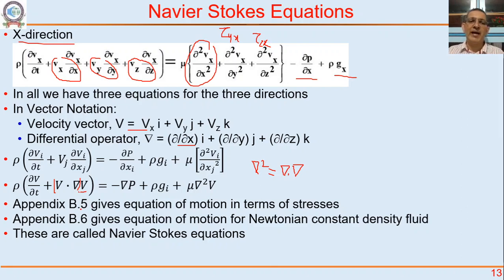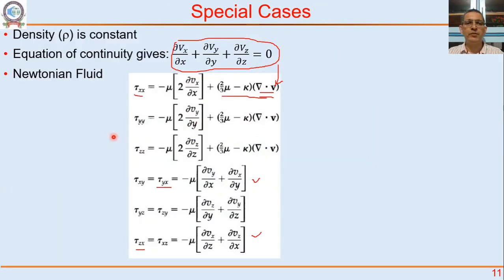Appendix B5 gives the equation of motion in terms of these stresses. Appendix B6 gives the equation of motion for a Newtonian constant density fluid. For a Newtonian and constant density fluid, these are called the Navier-Stokes equation. Why Newtonian? Because we have used the stress-strain relationships for a Newtonian fluid.